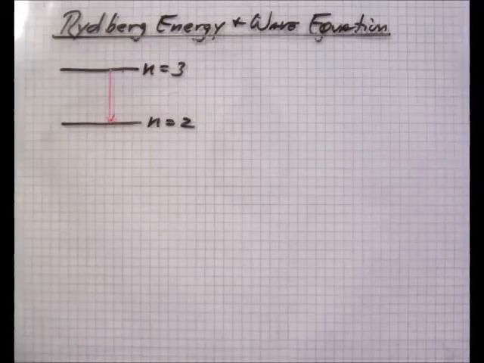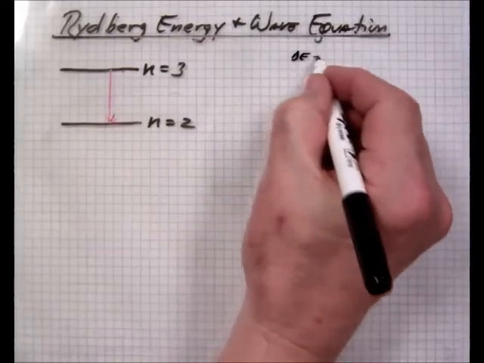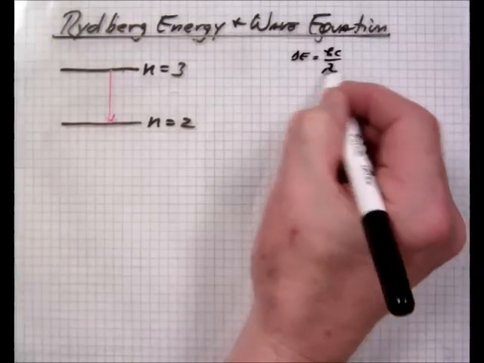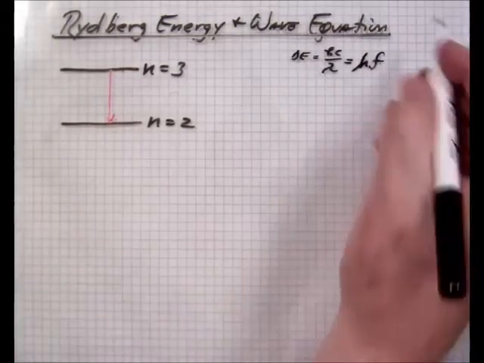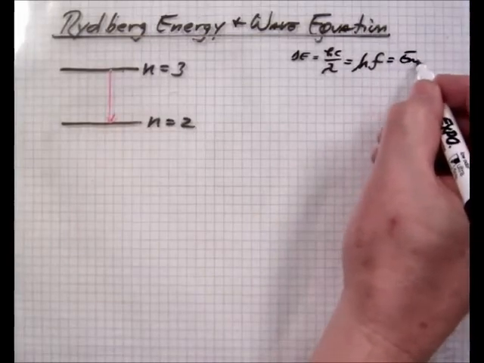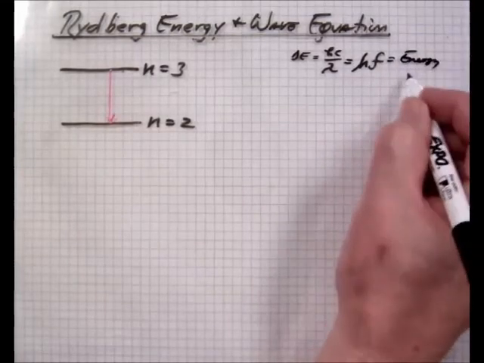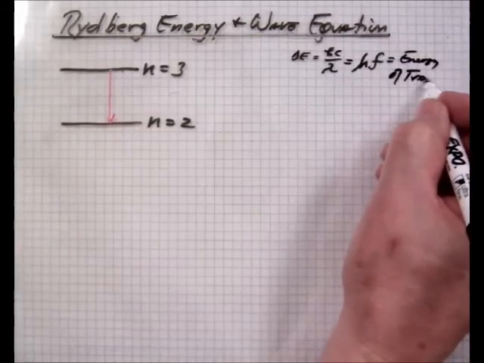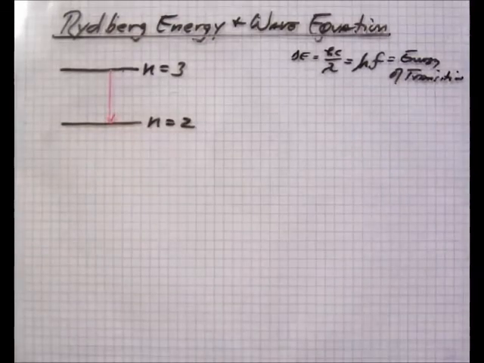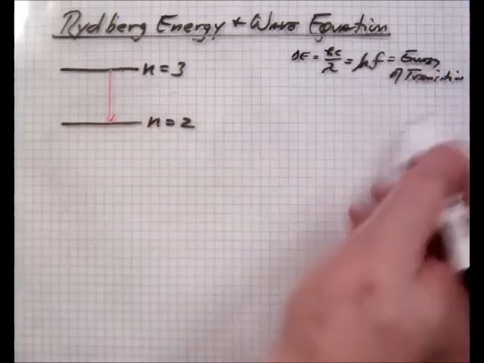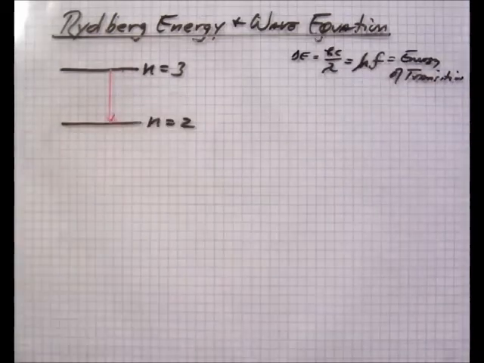Remember, delta E equals hc over lambda, which is h times frequency. We calculate an energy. So this is the energy of transition. If it goes from 3 to 2, we can calculate it if we've got the wavelength measured.